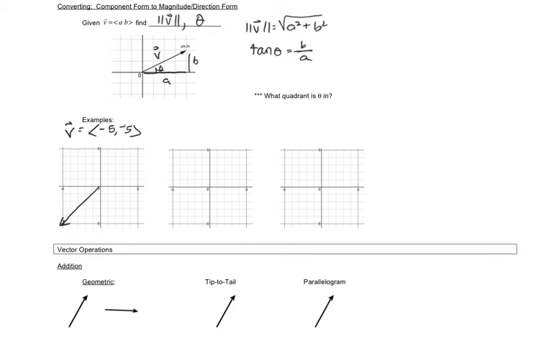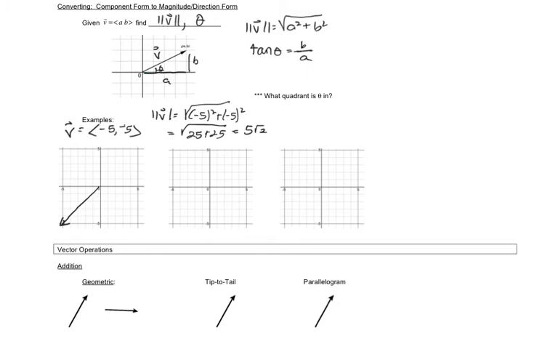Then the magnitude of v equals the square root of negative 5 squared plus negative 5 squared. So 25 plus 25, so 50. So 5 radical 2. That's not the part that's a little tricky. So the length of that is 5 radical 2.